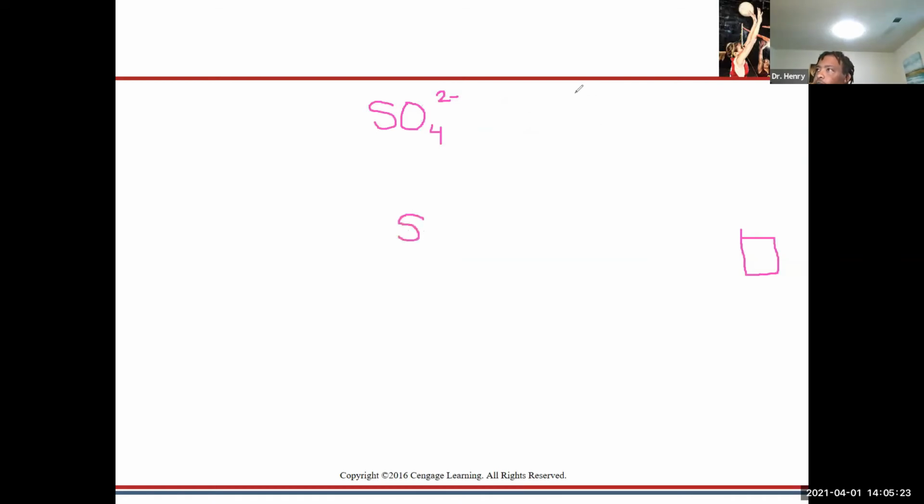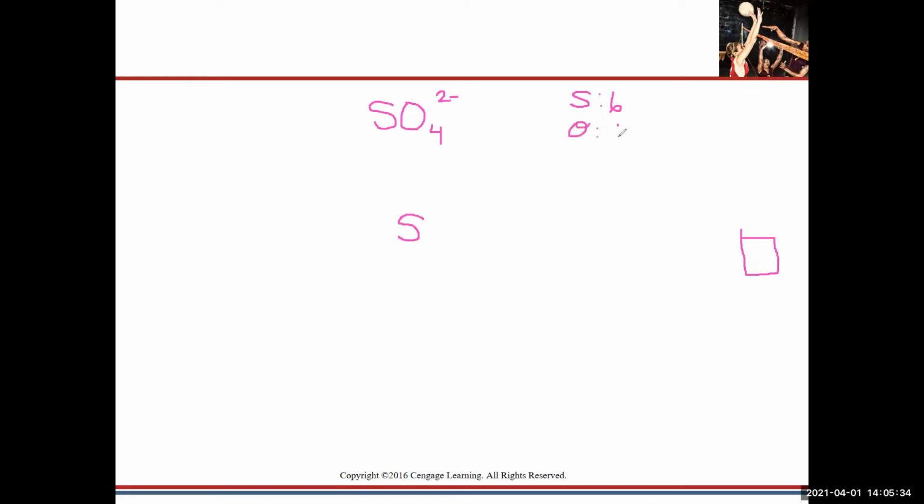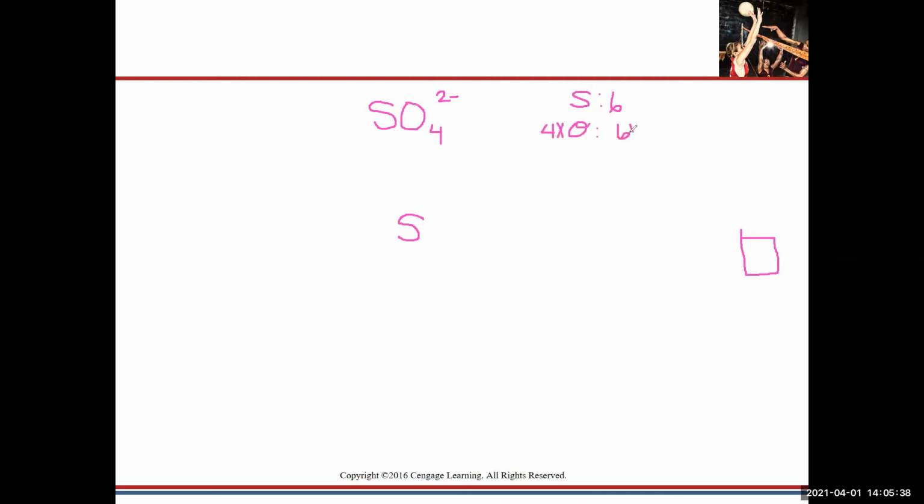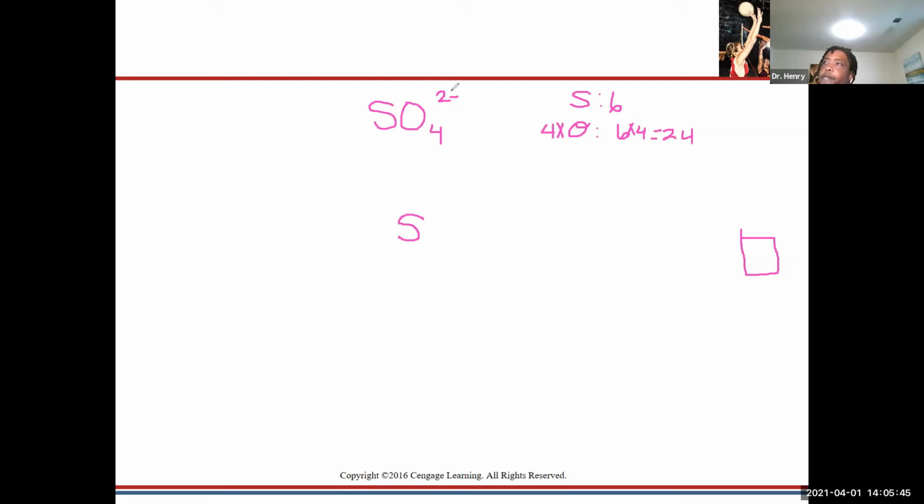Okay, so let's see. Sulfur has how many valence electrons? 6. Oxygen has how many valence electrons? Also 6. And there are 4 oxygens. Okay, so this number here means what?